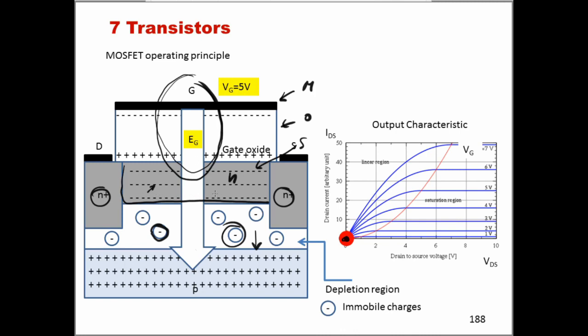So while locally the channel is indeed effectively n-type, the total amount of this mobile negative charge is very small compared to the huge amount of immobile charges that are here in the depletion region. Okay, this is just something to keep in mind. We may need it later on.